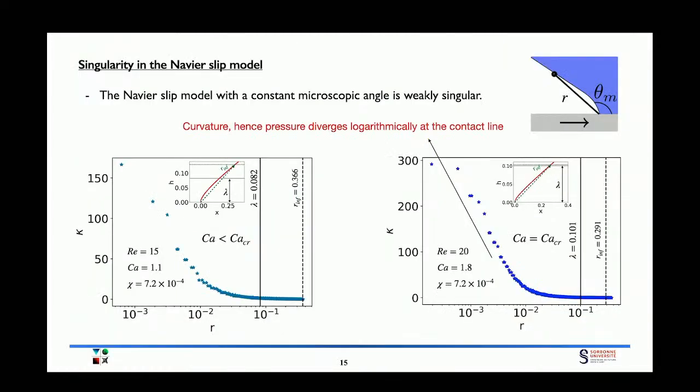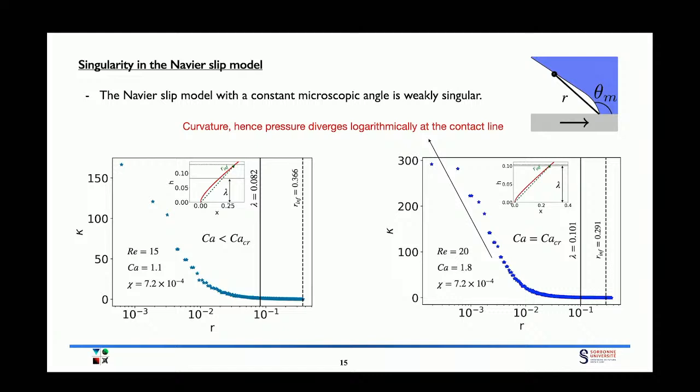Now, if we look at a steady state simulation, and we plot curvature as a function of distance from the contact line, then we see that the curvature diverges logarithmically. Here lambda is the non-dimensional slip length, non-dimensionalized with the coated film thickness, R inf is the inflection point distance, and R is the distance from the contact line.